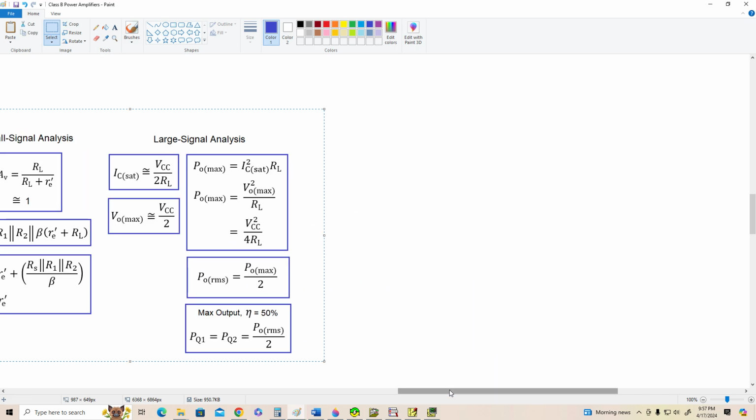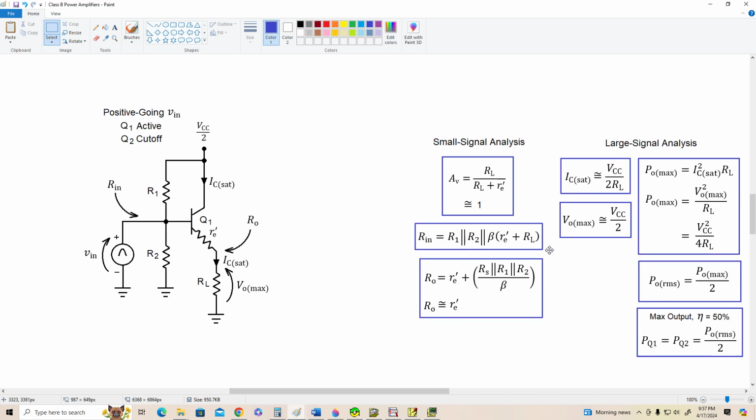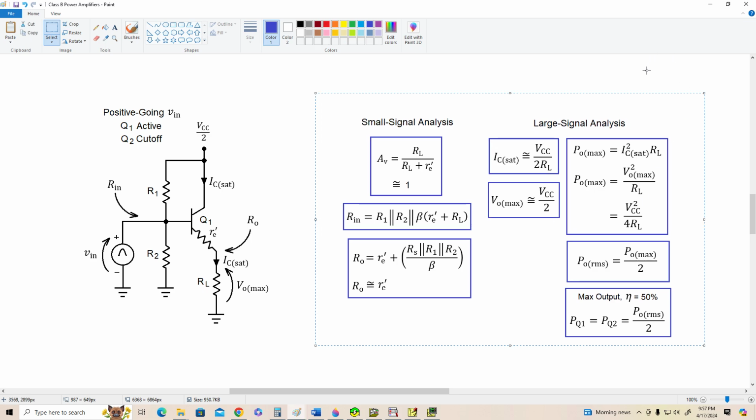Let's drag this back over, and here are our small signal analysis equations for the voltage gain, input resistance, and output resistance, and the large signal analysis equations, IC sat, VO max, PO max in all of its forms, and the power out to the load, RMS, and the heat or power dissipation of the two output transistors, assuming eta equals 50%. Okay, so there you go.